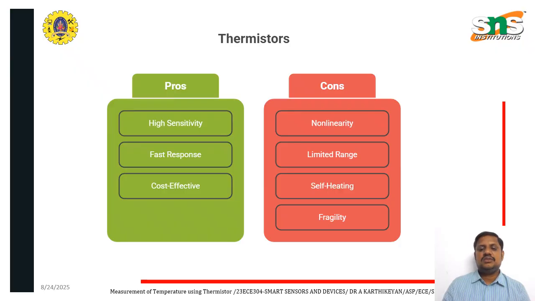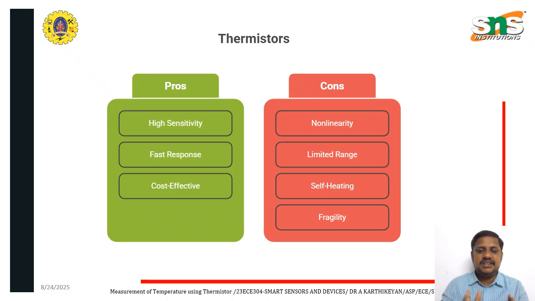And the cons, the disadvantages: it is nonlinear. It does not have a constant increase; sudden changes are possible. That is nonlinearity. It also has a limited range. Suppose we can measure only up to 300 Fahrenheit, so we can measure 300, not 301. That is not possible.